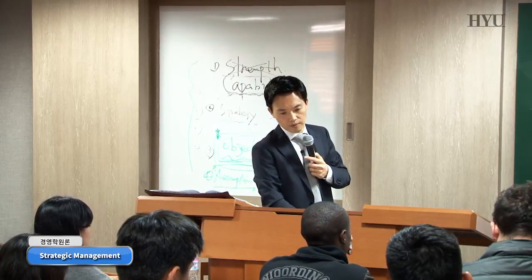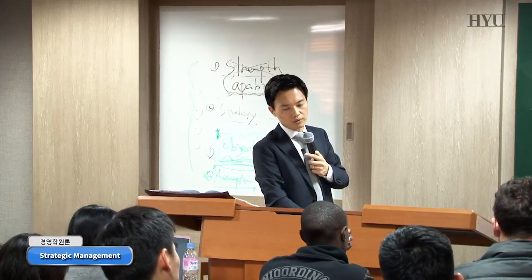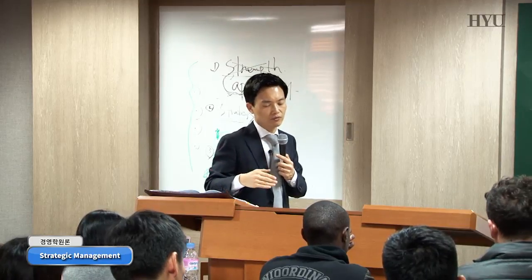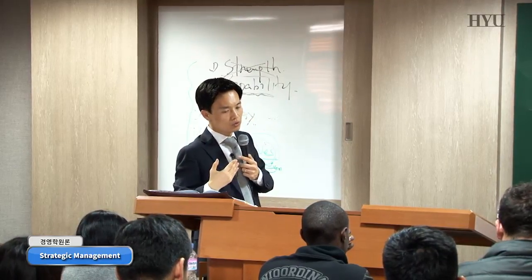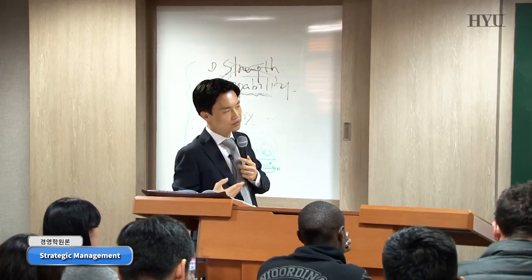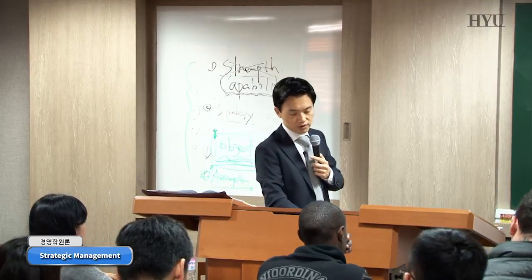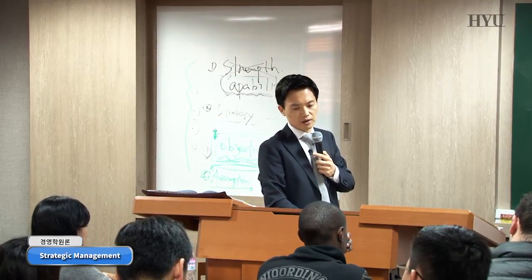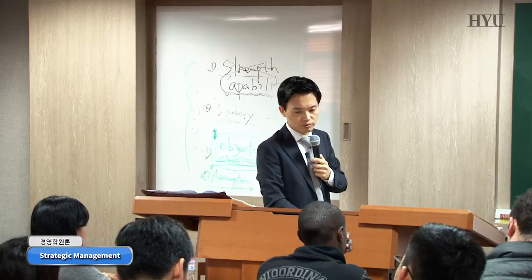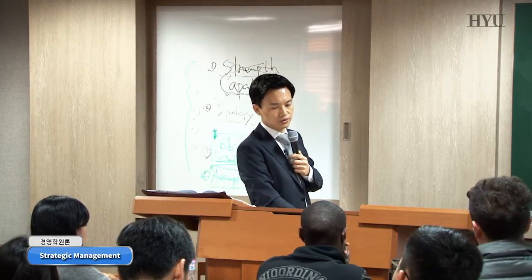Before we talk about the specific method of analyzing who you are in terms of your strengths and weakness, we have to first understand the concept of tangible resource and intangible resource.